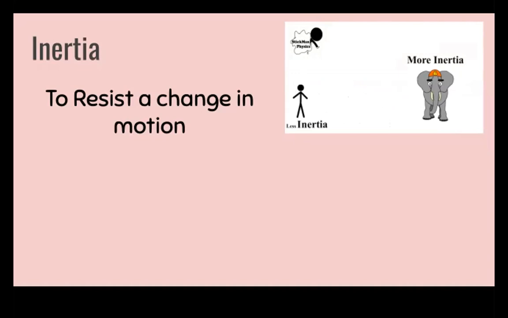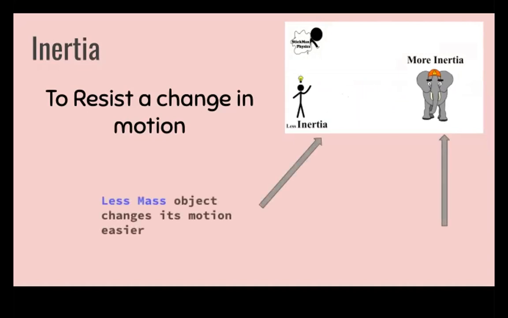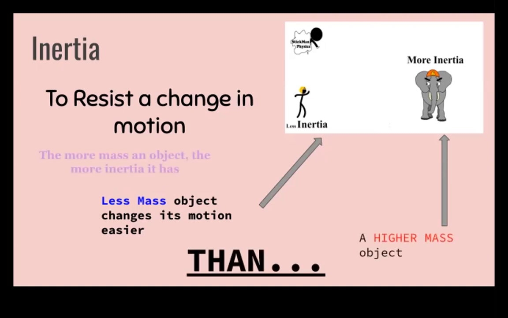Okay. But this little stick guy is running, and it's really easy to stop him. Okay. So when we have a less mass object, it's easier to change their motion than it is a higher mass object. The more mass you have, the more you're going to resist that change.